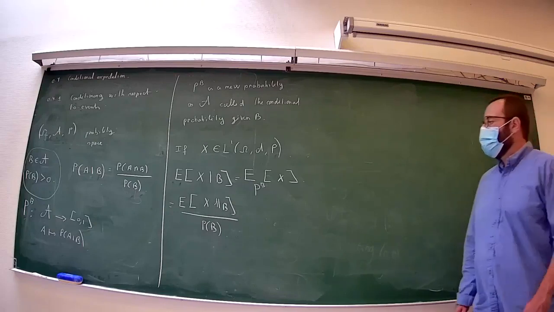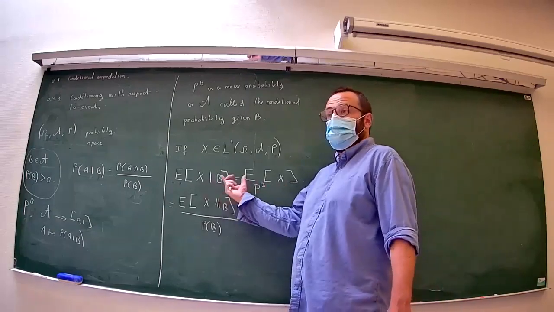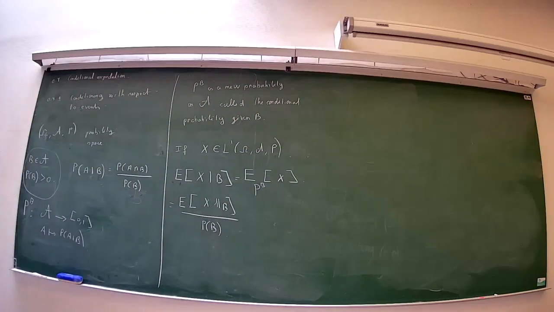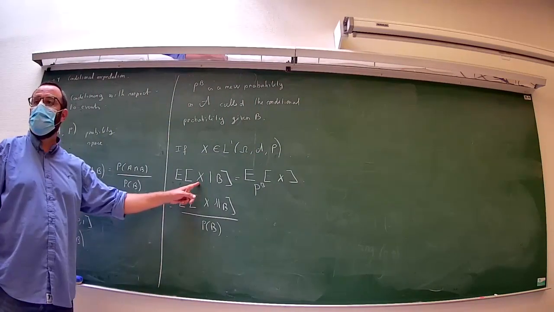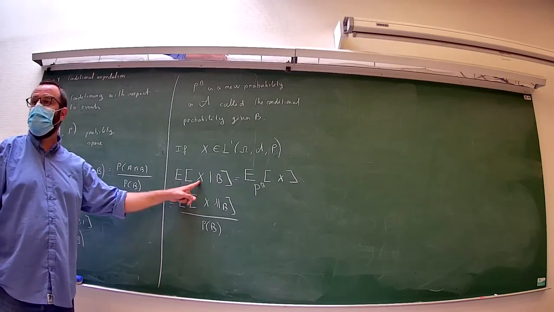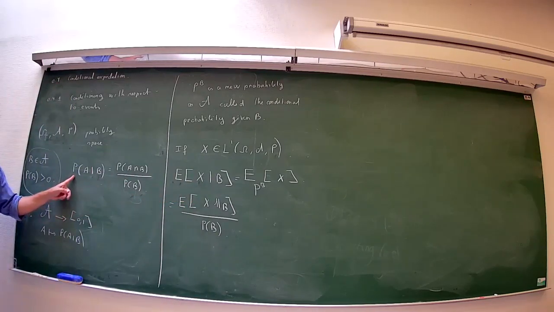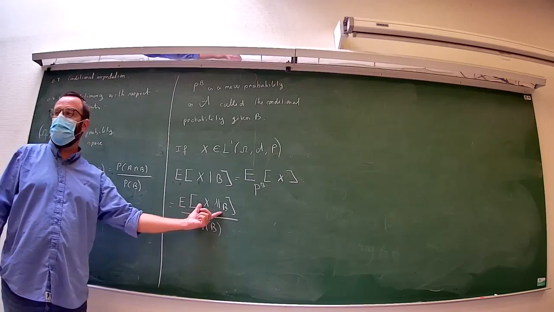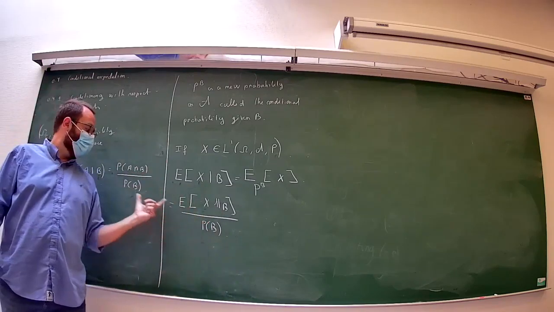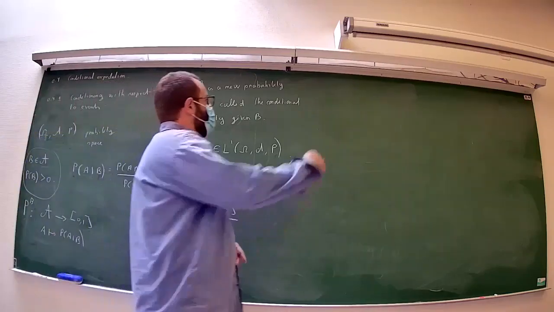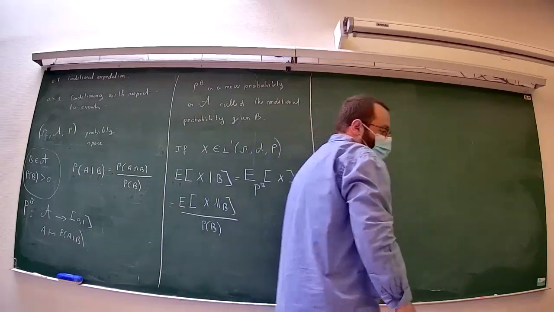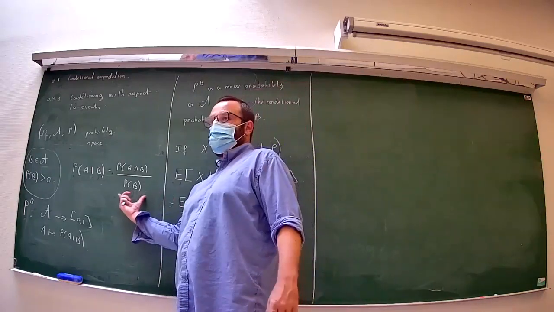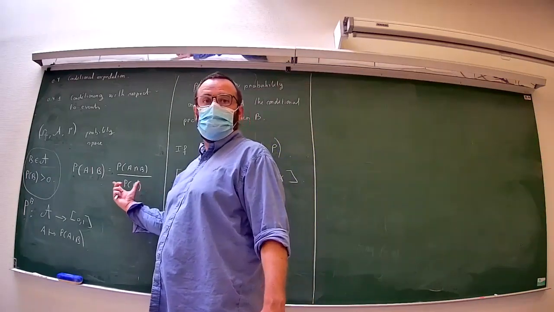Just a remark concerning this definition. It's just a new expectation with respect to the new probability I call the conditional probability given B. And you can remark that if I take in this formula for X the indicator function of A, you recover P of A given B, equal to the expectation of the product of the indicator functions, that is the probability of the intersection, over P of B. So in the case of a single event, the notion of conditional probability or conditional expectation is something you know perfectly from the previous courses.